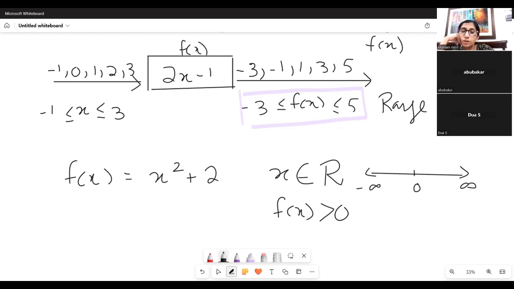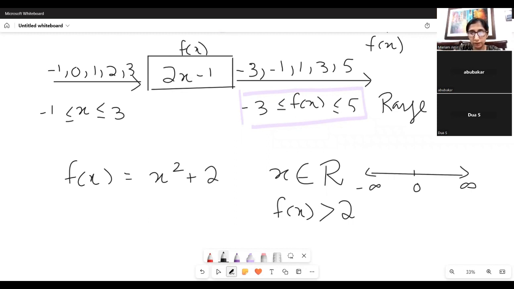Now tell me, can the output be smaller than 2? Can 1 be an output? No. 1 also cannot be. So what can be the minimum value of its output? 2. 2, yes. So the output is greater than 2. So the range is greater than 2. If the domain is all real values of x, then the range is greater than 2.